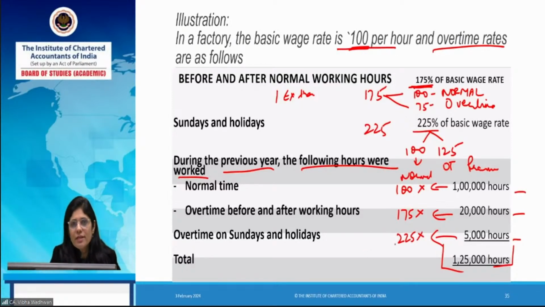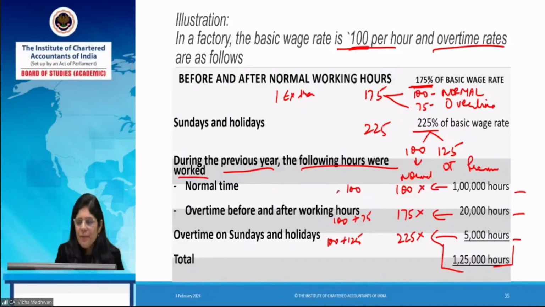Out of 225, 100 तो normal wage होगा जो मिलता है और 125 overtime rate extra मिलेगा. Clear? So total comes to 225. So 100 plus 125. 100 plus 75 and it's 100. So basic wage तो आपको every hour का मिलेगा. But normal time का सिर्फ basic मिलेगा और extra time का overtime premium plus extra मिलेगा. So this is called as premium. 75 and 125 is called as premium.